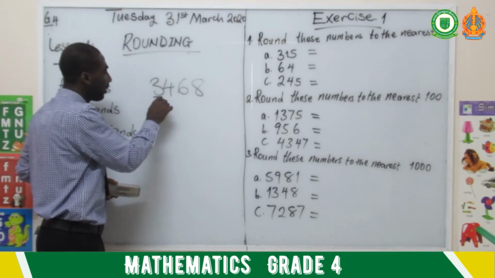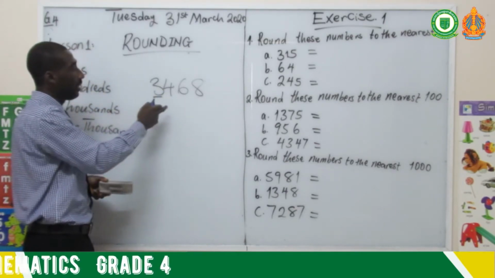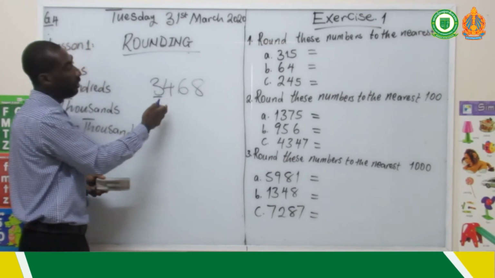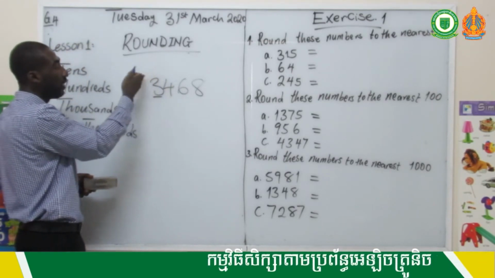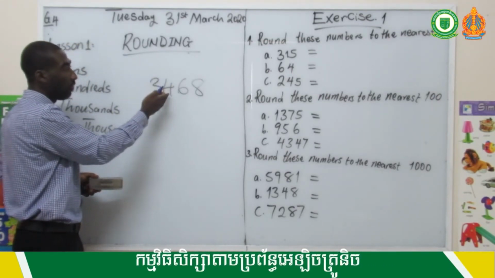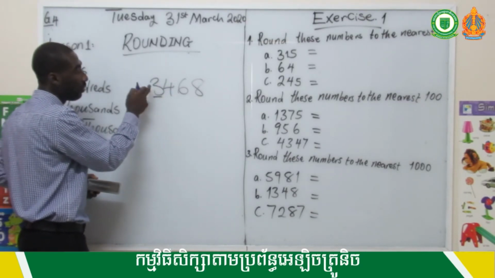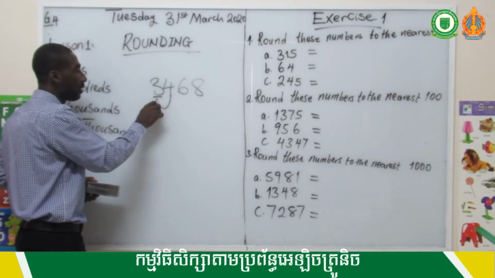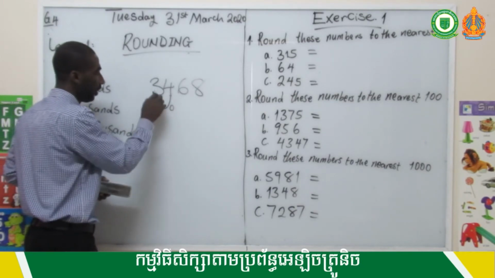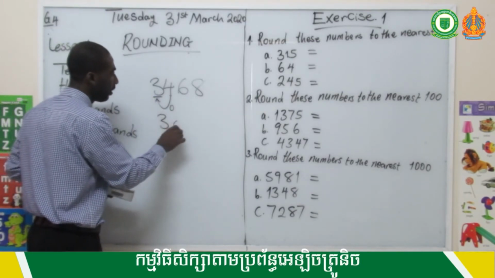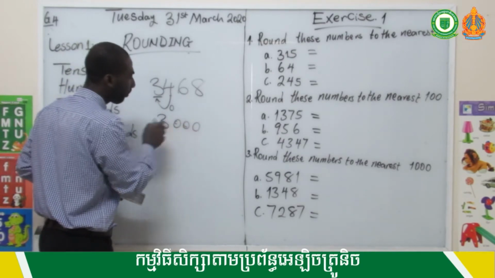So we're looking at 3 in the thousands, and 4 is what we're going to consider, whether it has to make a change here or not. 4 is less than 5, so it cannot give a point to this 3. So it rounds 0, and our figure becomes 3,000.